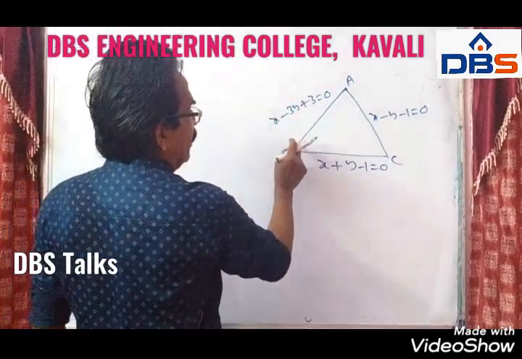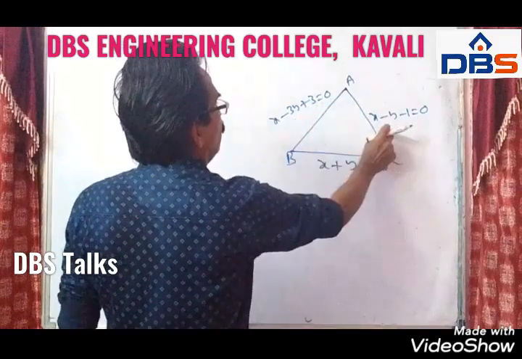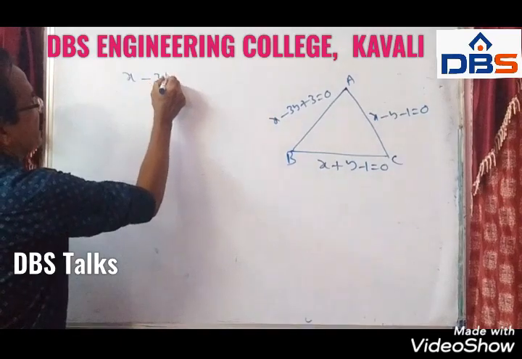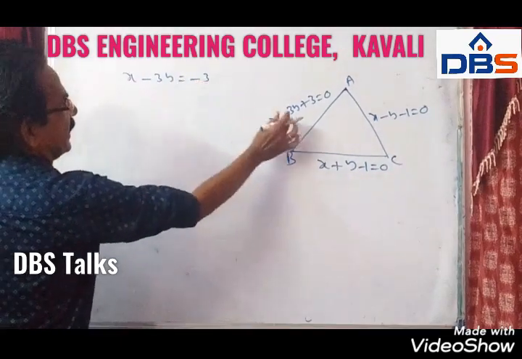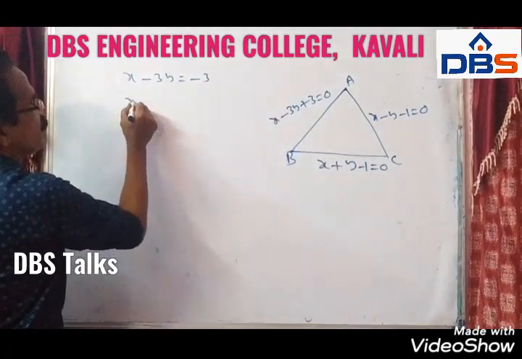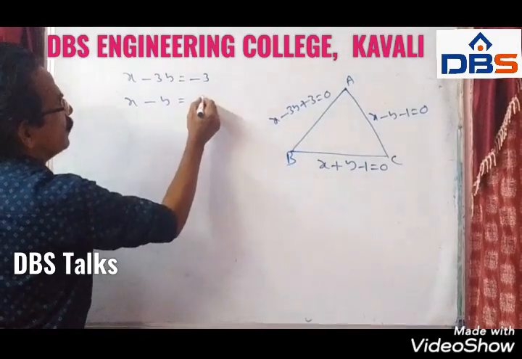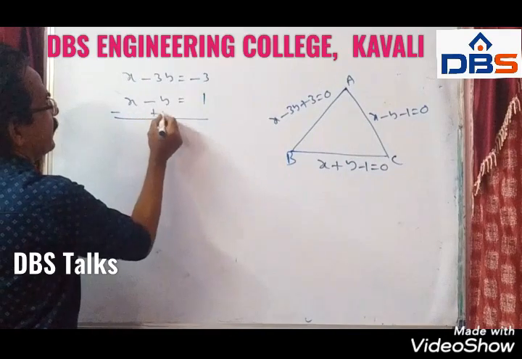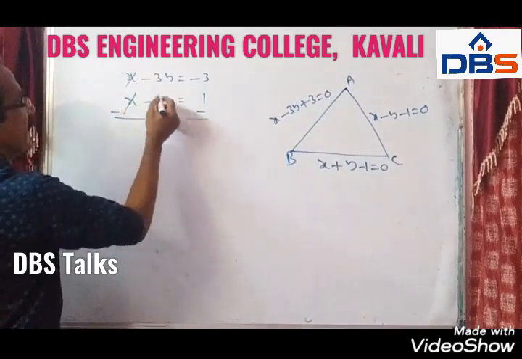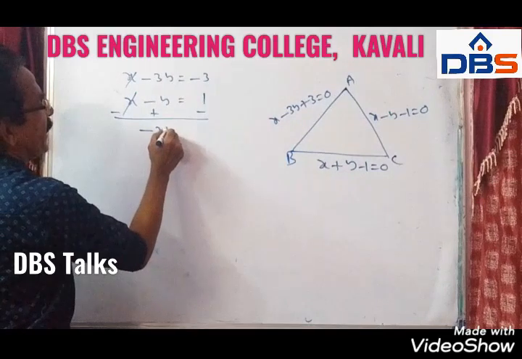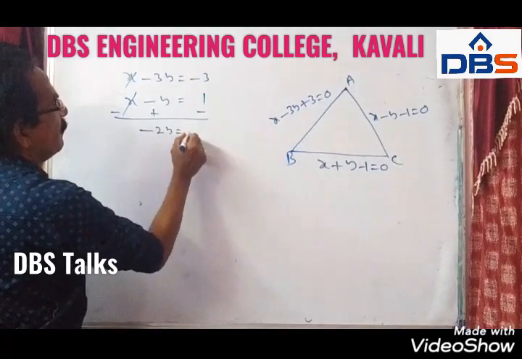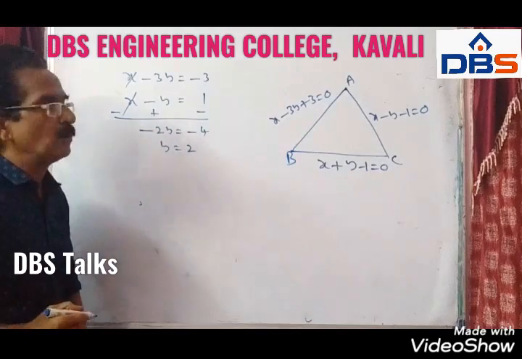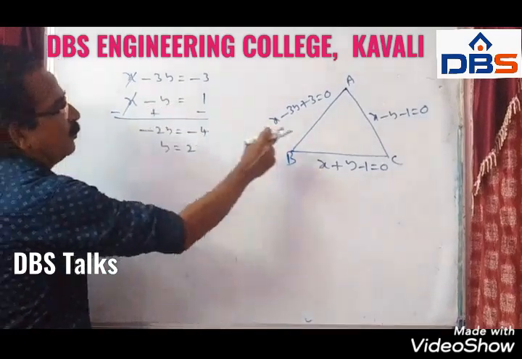Let us solve these 2 equations to find A. x minus 3y is equal to minus 3, x minus y is equal to 1. By subtracting, x gets cancelled. Minus 2y is equal to minus 4. y is equal to 2.